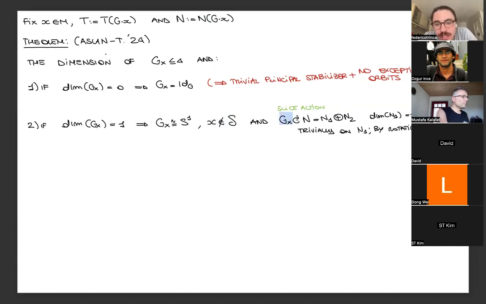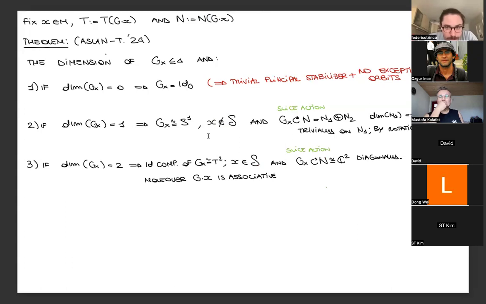And G_x, so it doesn't have kernel, sorry, stabilizer. And the action on the normal bundle, so the slice action, is completely characterized by the fact that it acts trivially on a one-dimensional space, and there's rotation on the two-dimensional space. So if the dimension of a stabilizer is two, then its identity component is isomorphic to T2.